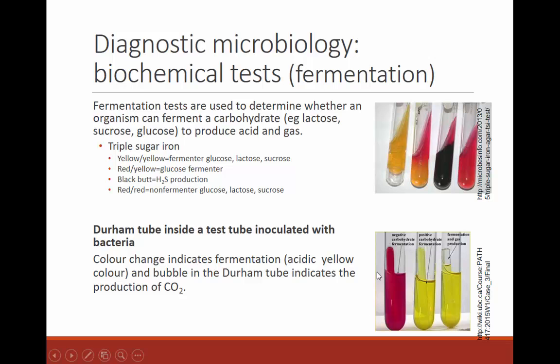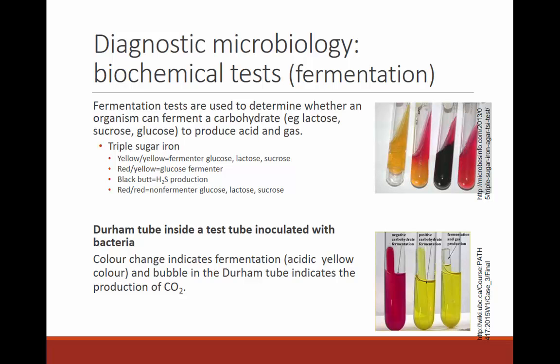Another way of testing if something is fermenting, so you can have a liquid, okay, so these are test tubes. In this bottom image, you've got test tubes full of broth, and the broth has got an indicator in it. So that's easy. So if something grows, you'll be able to tell whether it's producing acid or not. Yes? And therefore fermenting that sugar.